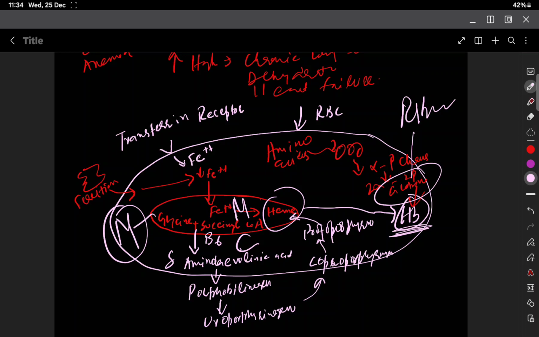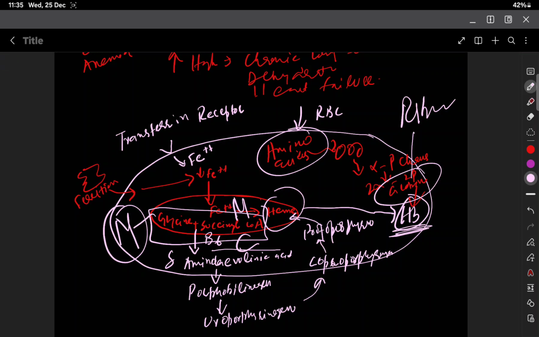Amino acids are assembled in the ribosomes, okay. Here we can see the amino acids which are assembled in the ribosomes, and they give rise to 2 alpha and 2 beta chains, which is the globin part. And the heme molecule, protoporphyrin, is formed by the combination of glycine and succinyl coenzyme A. You can see here glycine and succinyl coenzyme A, by their combination in presence of vitamin B6.